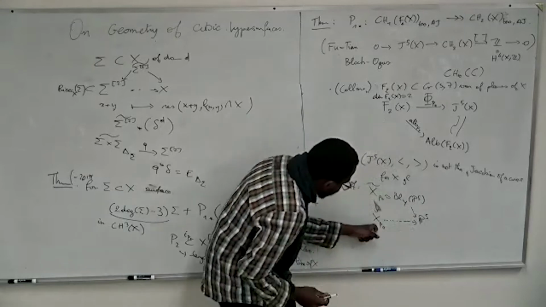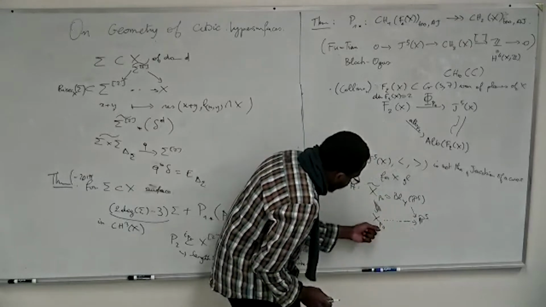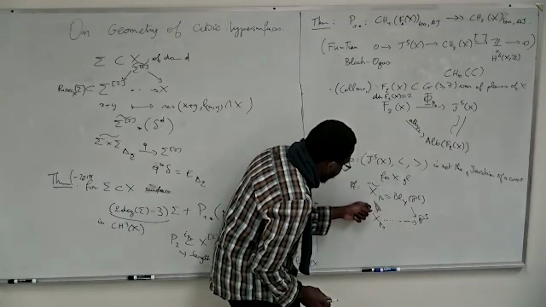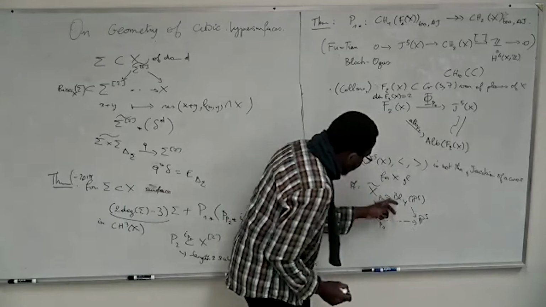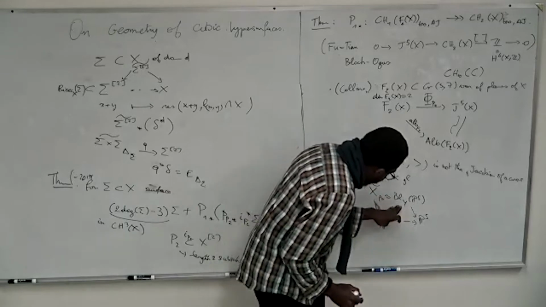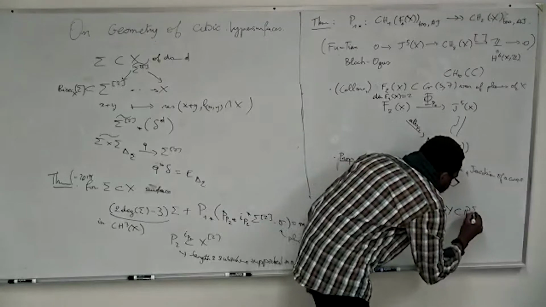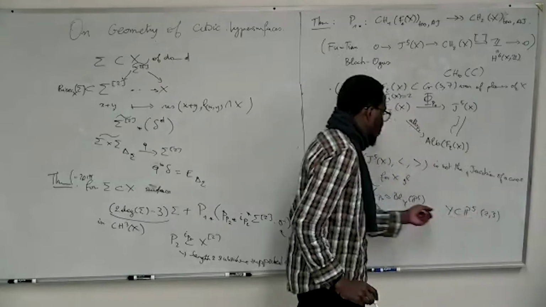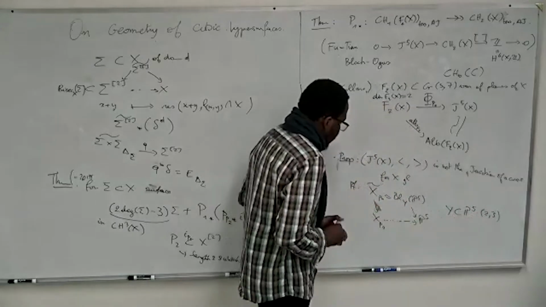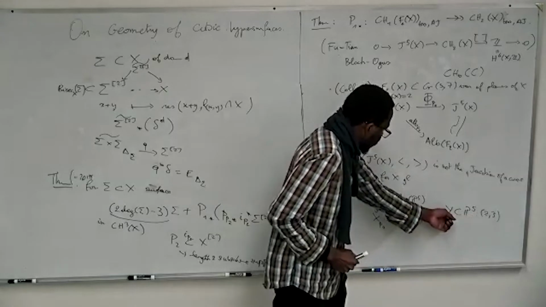This map is the projection away from P0, the node, and the indeterminacy is resolved by blowing up the point. And what we find is that it is isomorphic to the blow up of P5 along the complete intersection of a cubic and a quadric in P5.